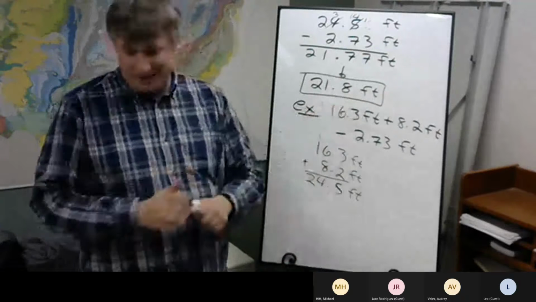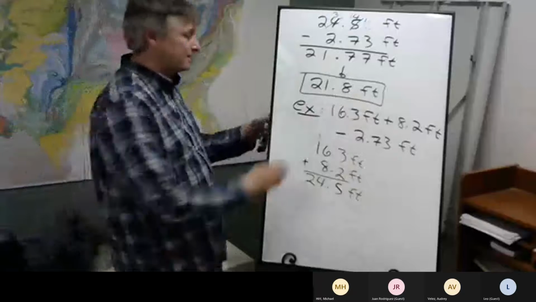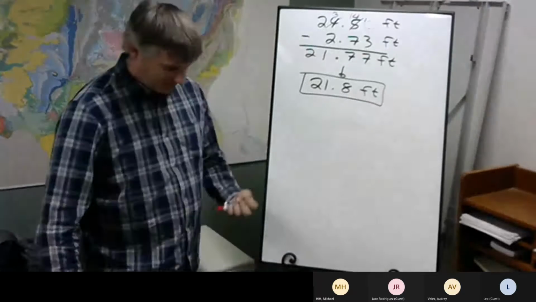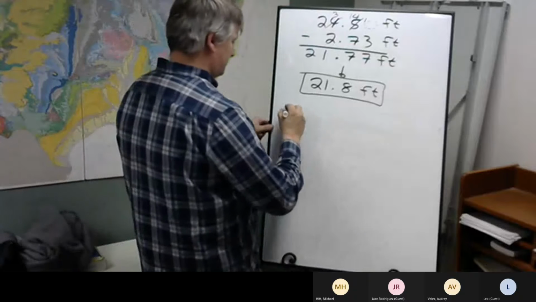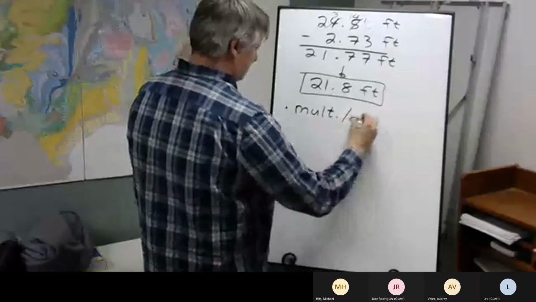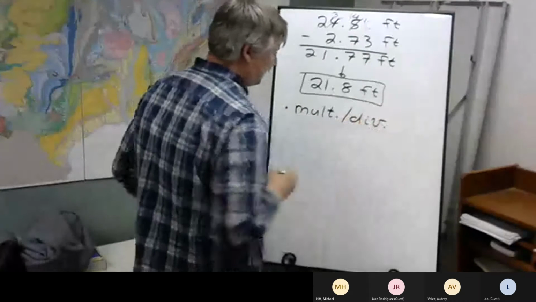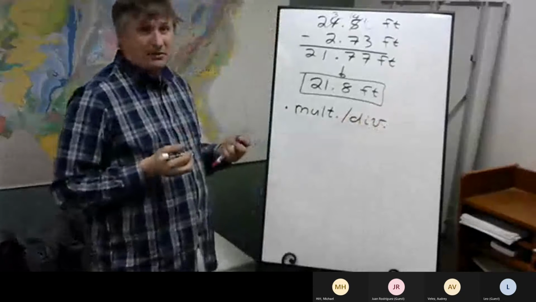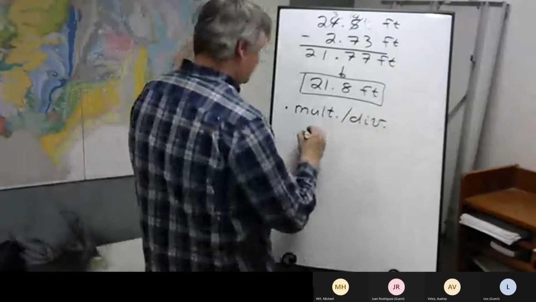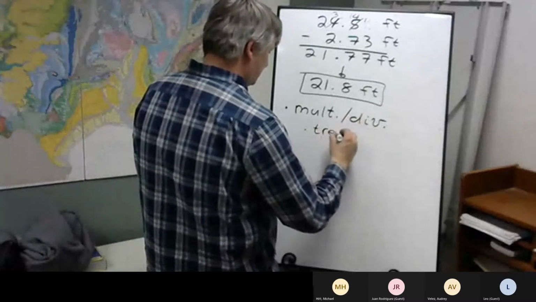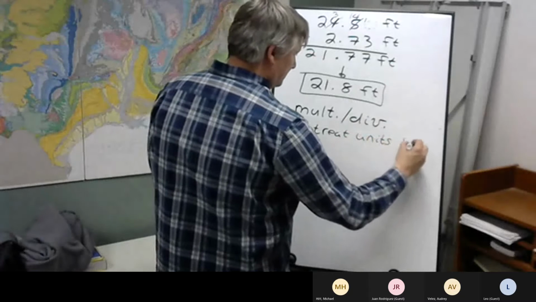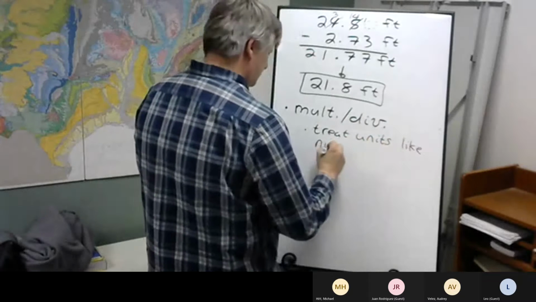Where things change is when we multiply and divide. So multiplication and division. Well, what's going to happen here is we're going to treat units like numbers.